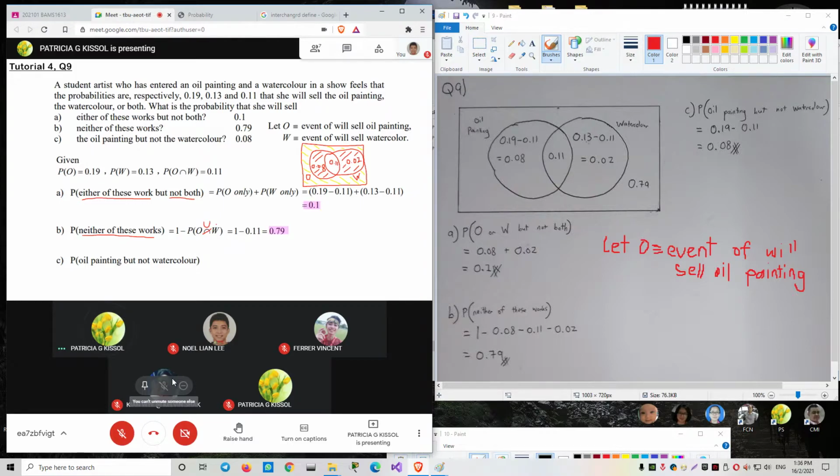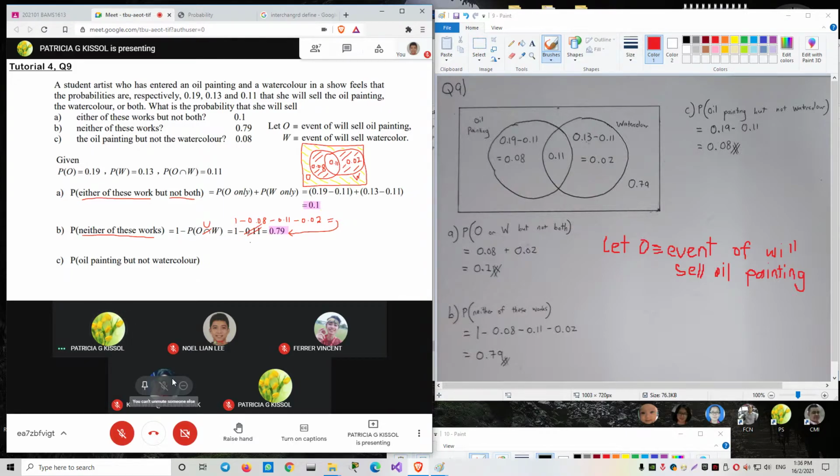So the union was basically 1 minus 0.08 minus 0.11 minus 0.02. Then you get the same answer. Because if you calculate 1 minus 0.11, this is not correct, sorry.